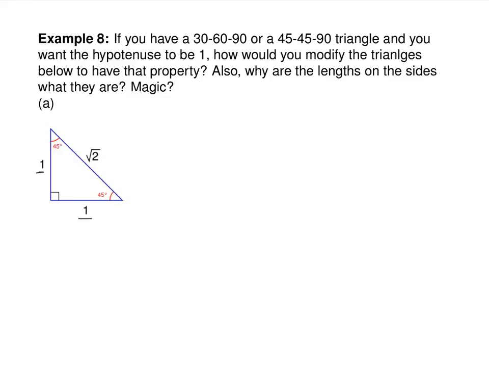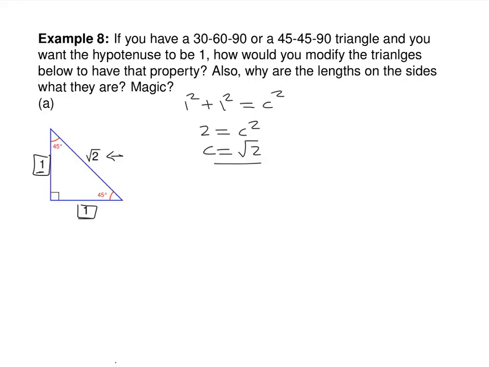So if you assume these sides are both 1, how do you show that this side is root 2? What do you use? The Pythagorean theorem, yeah. 1 squared plus 1 squared equals c squared, right? So we've got 2 equals c squared, therefore c equals square root 2. That's why that one side is what it is. It's not magic, it's because of the Pythagorean theorem.